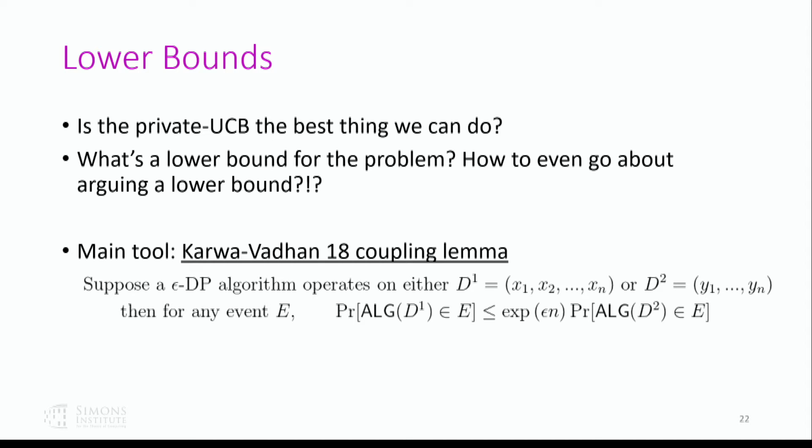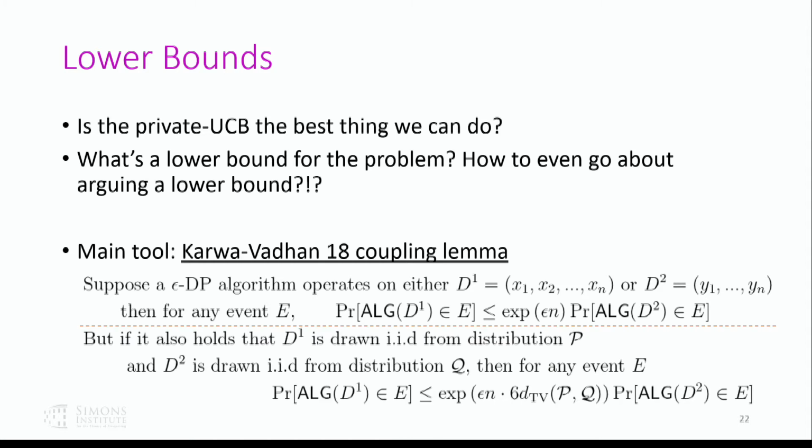What Karwa and Vadhan showed is that if D1 and D2 are IIDs drawn from either distribution P or distribution Q, then the probability with respect to the data set of an event changes by n times the total variation distance between P and Q.